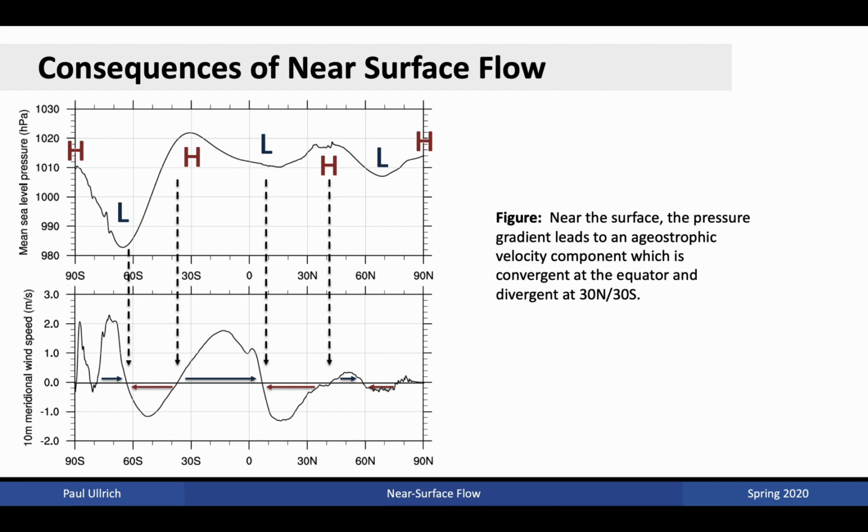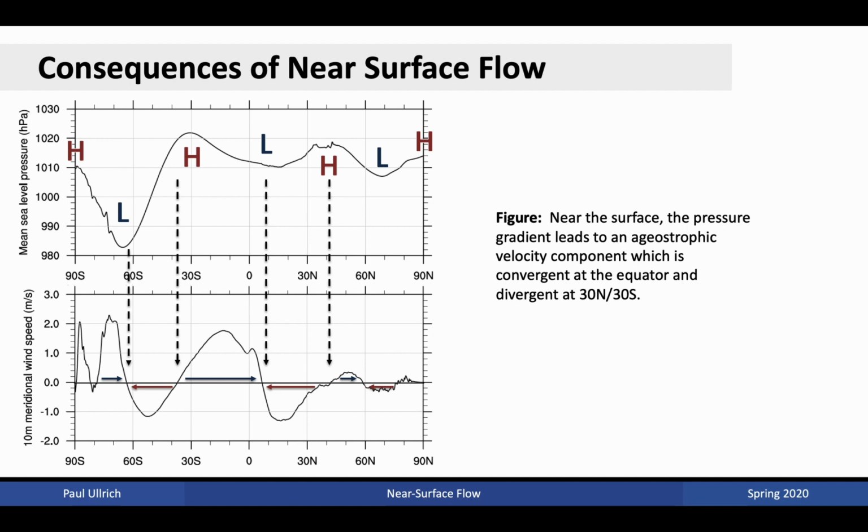In conjunction with where we anticipate there to be convergence and divergence in the low pressure regions, again, remember this is associated with Ekman pumping, associated with near surface friction that is responsible for directing fluid parcels towards the low. We have convergent motion.